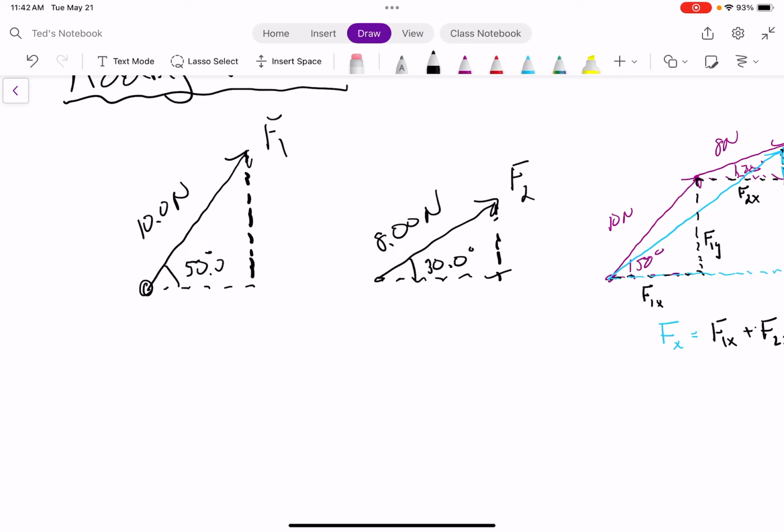All right, so this is just going to involve some trig. So this angle is 50 degrees. So we have 10 times the cosine of 50 degrees to get the base of the triangle. So that's 6.4279.